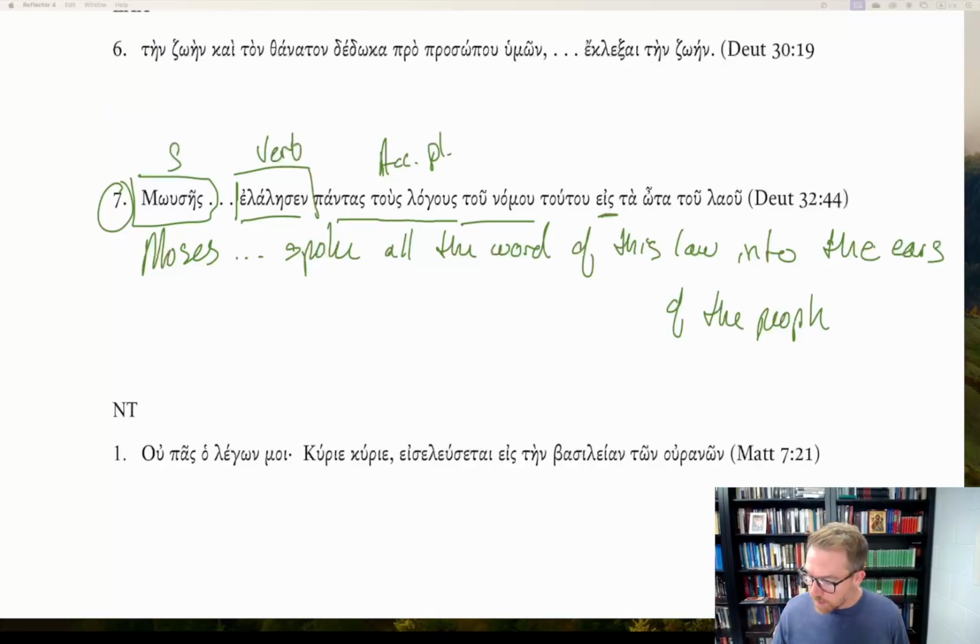And tou nomou, on the other hand, is in the genitive singular masculine case. So it's the words, which words? The words of the law, this law, are what Moses spoke. That is the direct object. Moses spoke. What did he speak? He spoke all these words. And then where were they directed? Into the ears of the people.